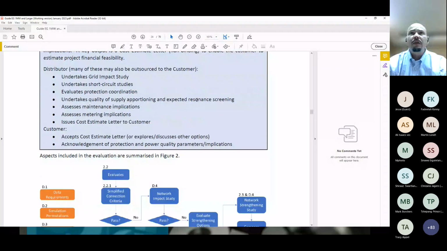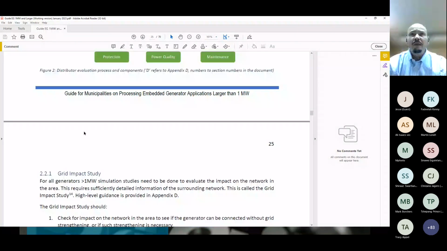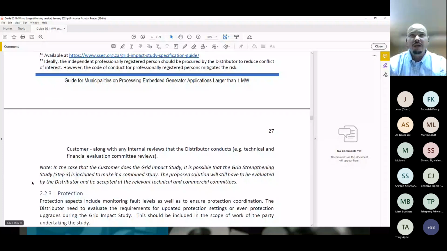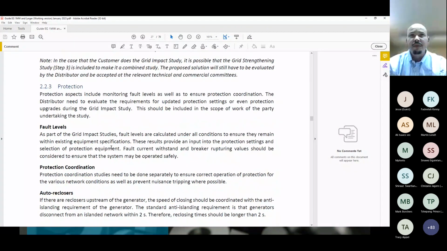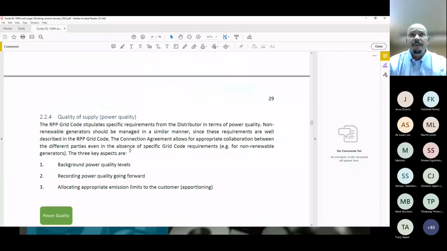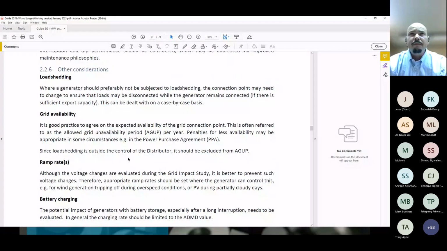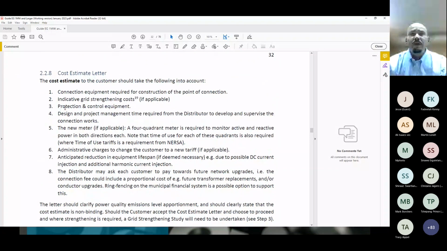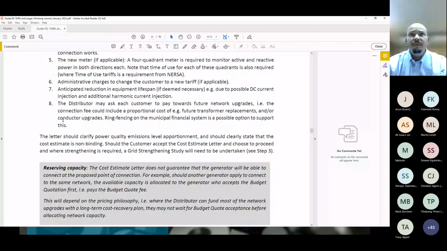That was step 2. We discuss basically protection and maintenance as well, along with the power quality aspects. The cost estimate letter.